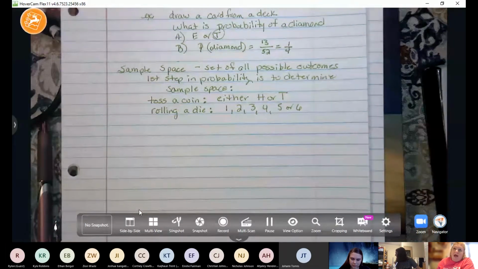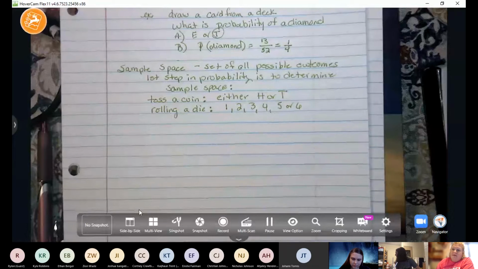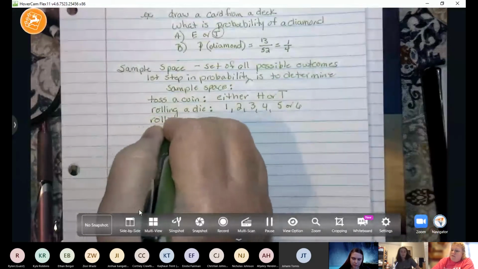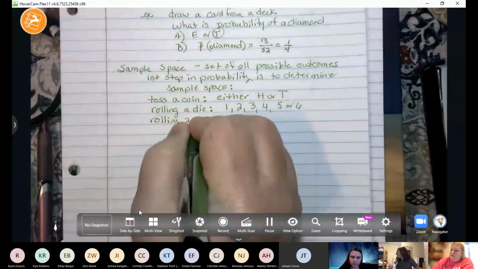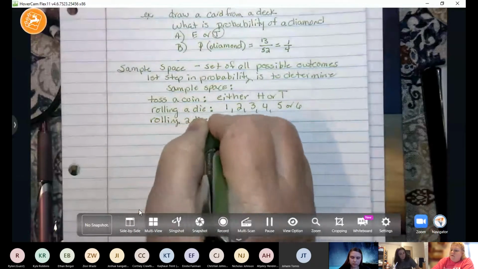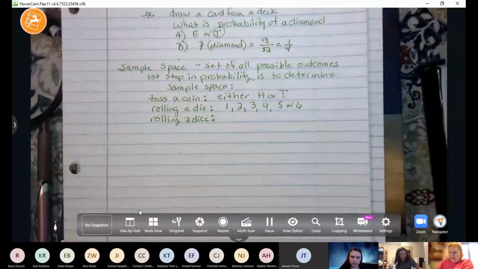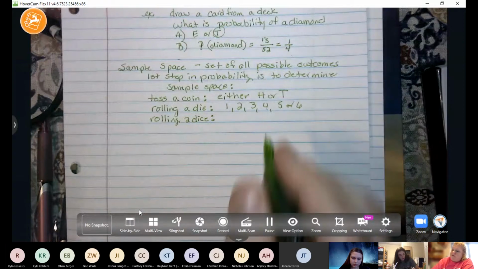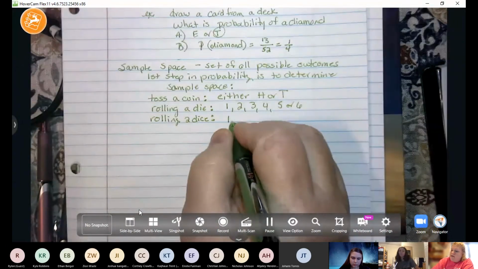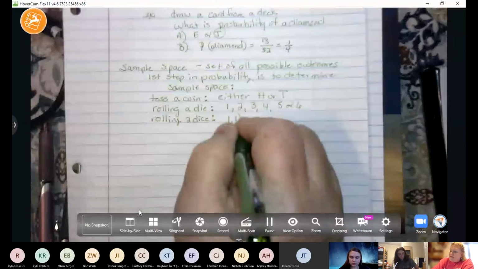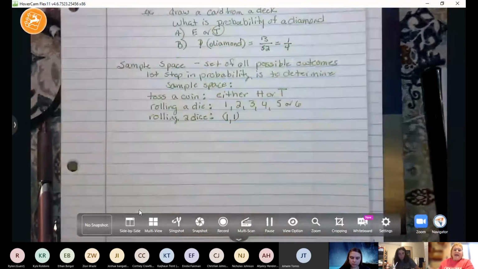If you have 2 die, then we're going to talk about the outcomes of rolling 2. And a lot of times we have to write that outcome in pairs. So we can roll a 1 with a 1. And sometimes we put parentheses with them to indicate that roll was a 1 with a 1.